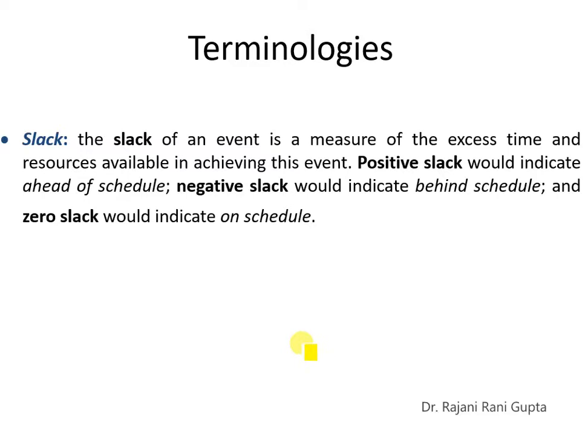Now, what do we mean by slack? Slack time of an event is a measure of excess time or resources available in achieving this event. So we can have two types of slacks. Positive slack will indicate ahead of schedule, that we are ahead of our scheduled timing, whereas a negative slack would indicate behind schedule, that we are late in completing that work.